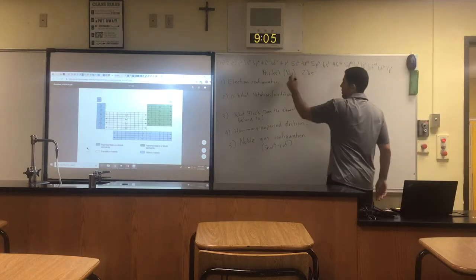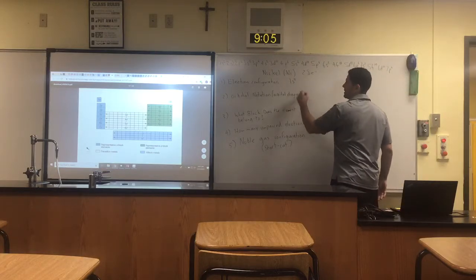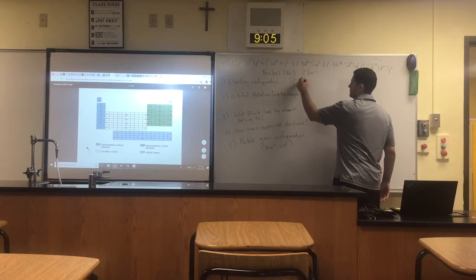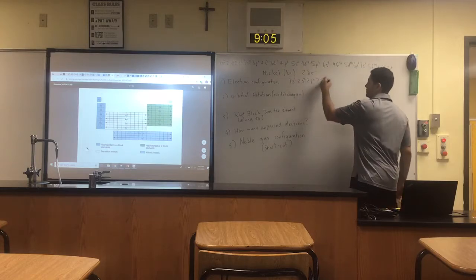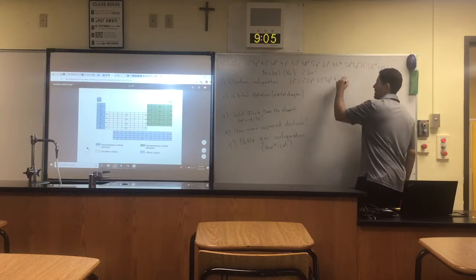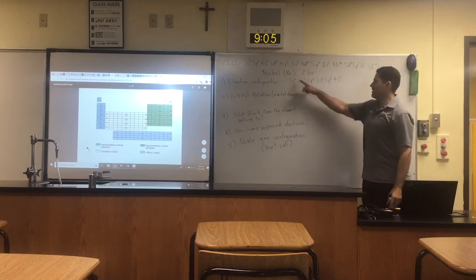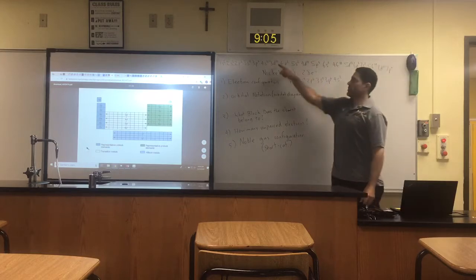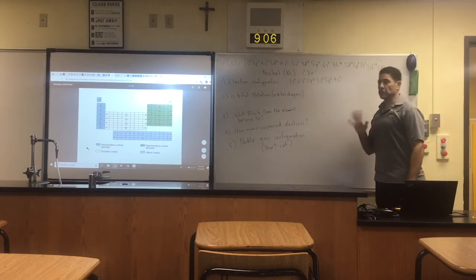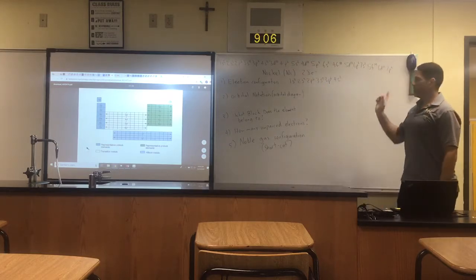So you start off with 1s2, then you go 2s2, 2p6, 3s2, 3p6, 4s2. Now, so far, if you count the superscripts, that's 10, 20. Our next one is 3d10. Well, now, d can hold up to 10, but we've already put 20.